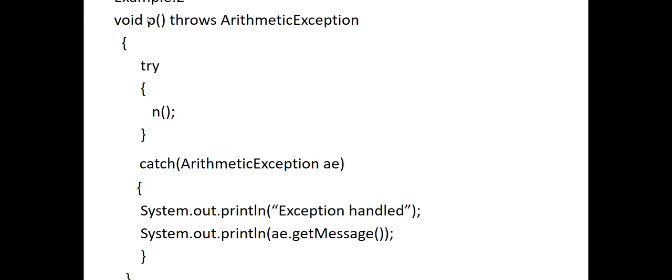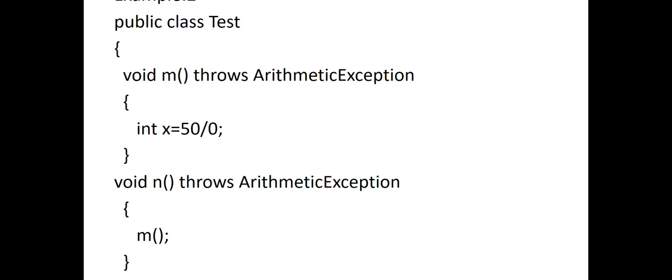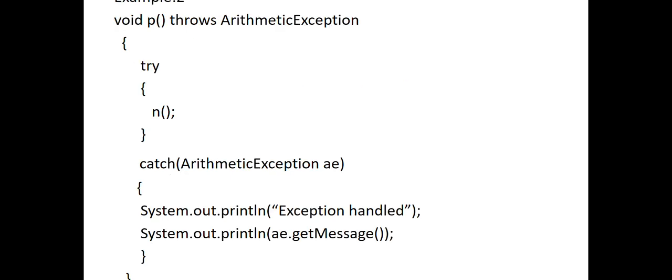Then the third is the p method. It also throws an arithmetic exception, but p is responsible for handling that exception. Means in the p method I'm including the try and catch block. So in try, the p method can catch the exception that occurred in m, and using the catch block it will handle the exception.